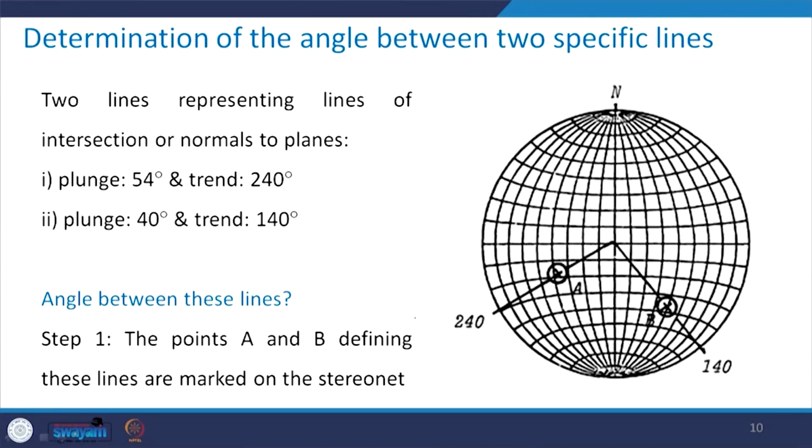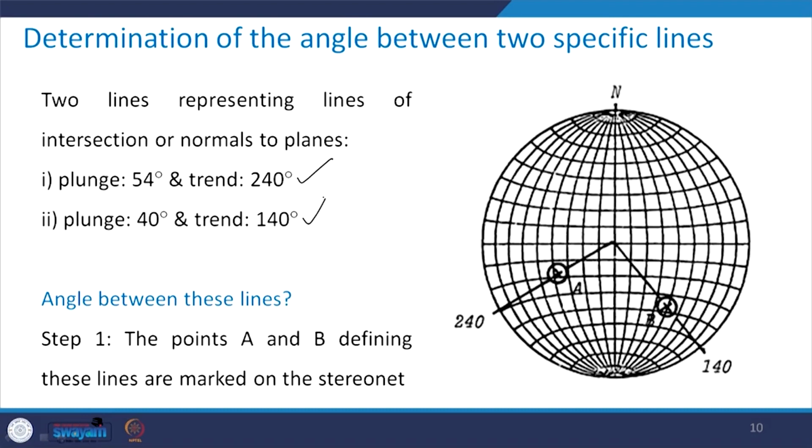So, in this case again we will make use of the stereo net and the tracing sheet. Here we are taking two lines: the first is a plunge of 54 degrees and trend of 240 degrees, that is line number 1. The second one is a plunge of 40 degrees and trend of 140 degrees, that is line number 2.